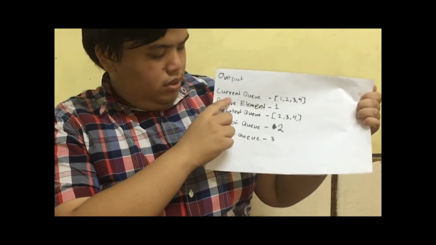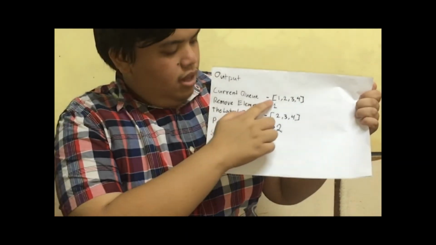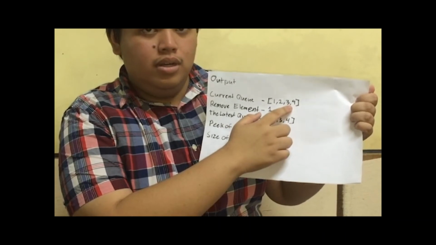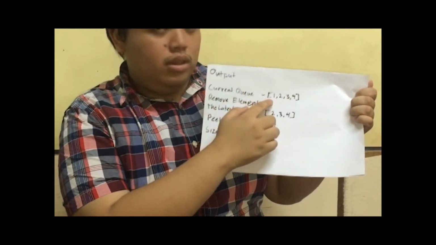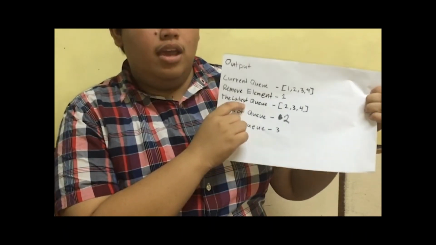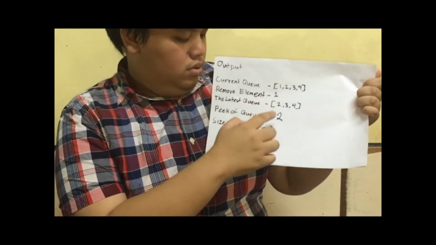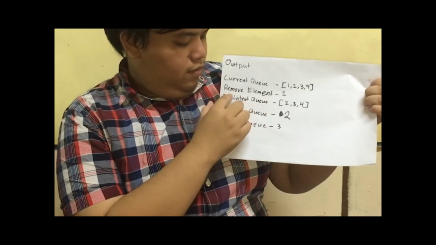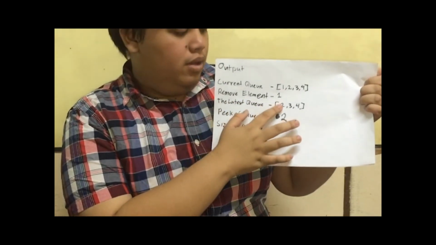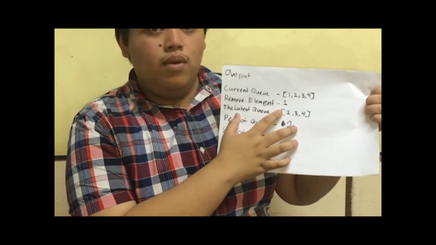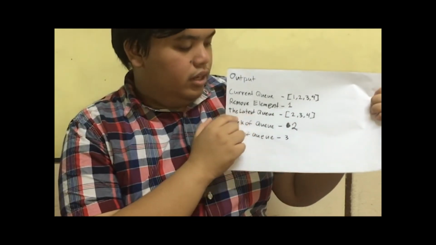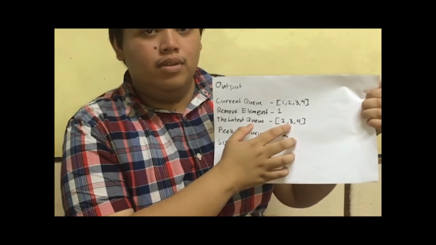First, the current queue. We added 1, 2, 3, 4, so it will display that. Next, we removed the head of the queue, so the removed element displays 1 because 1 is the head of the queue. And third, the latest queue is 2, 3, 4 because we removed 1.